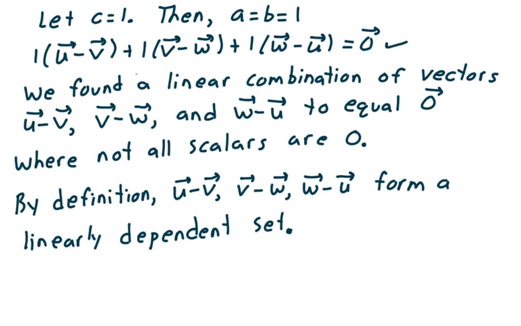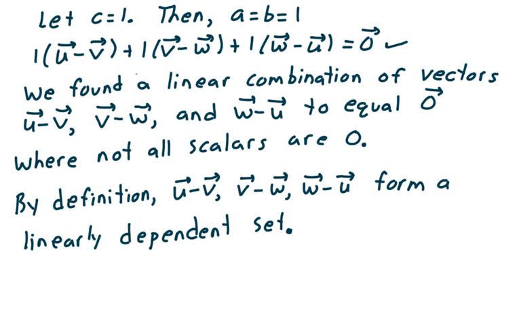So we found a linear combination of vectors u minus v, v minus w, and w minus u to equal the 0 vector, where not all of the scalars are 0. And so by definition, u minus v, v minus w, and w minus u form a linearly dependent set.